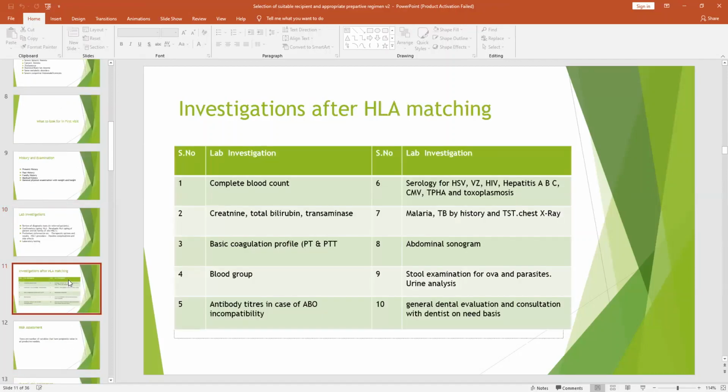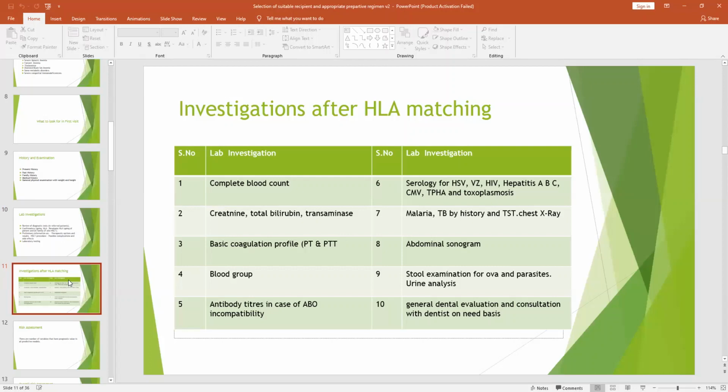Then the laboratory tests and investigations after the HLA matching. We see the complete blood count, creatinine, total bilirubin, and basic coagulation profile, PT, PTT, blood group, and antibody titers in the case of ABO incompatibility.